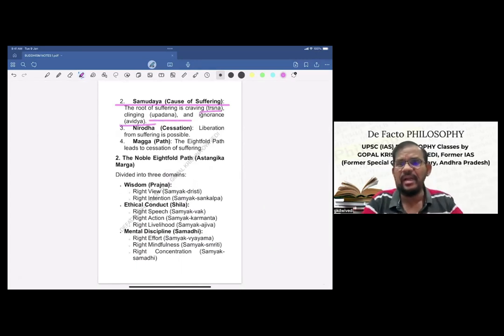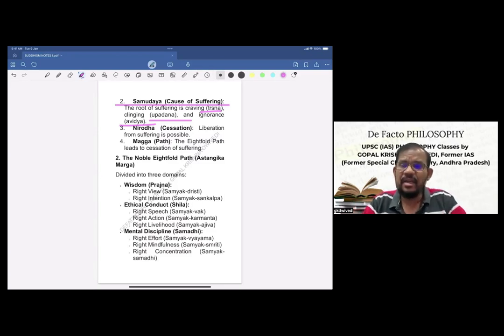Now, I keep telling you, while writing philosophy answers, as well as ethics answers, if the main philosopher is from Indian philosophy and you are able to remember the Sanskrit words, please do write them. In Western philosophy, sometimes Greek words or Latin words will be there. If you are able to remember, please write them. That is going to fetch you slightly better marks, because you are writing something extra compared to other candidates.